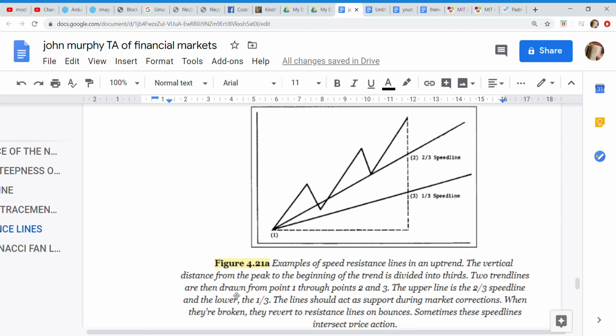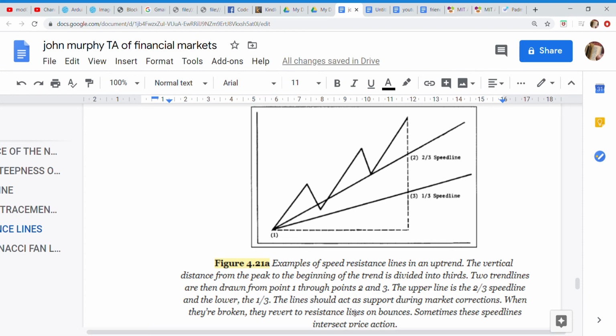Two trend lines are drawn from point 1 through points 2 and 3. These are two trend lines. The upper line is the two-thirds speed line, and the lower is the one-third speed line.